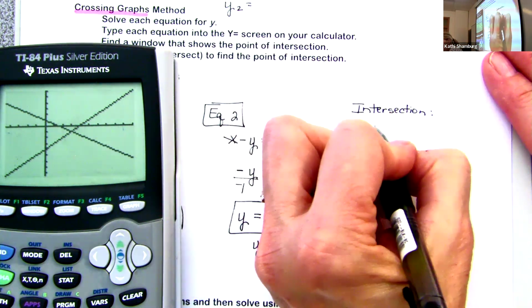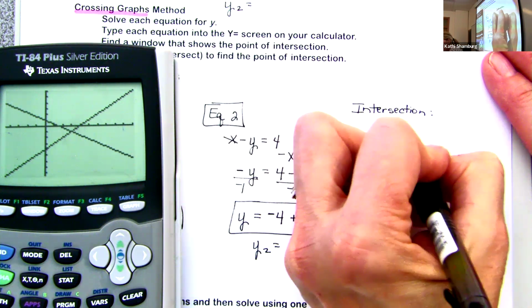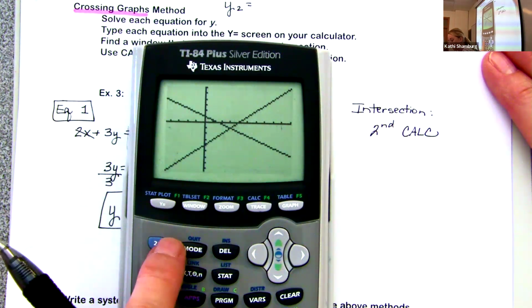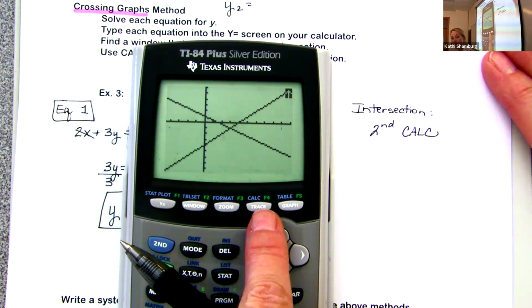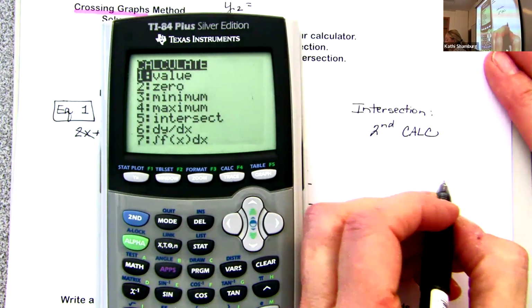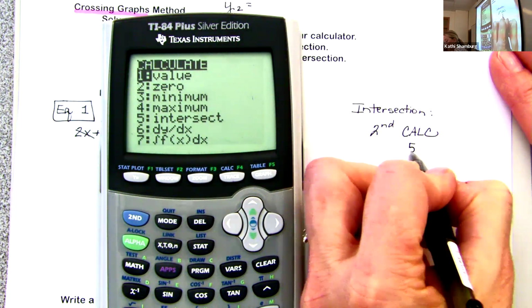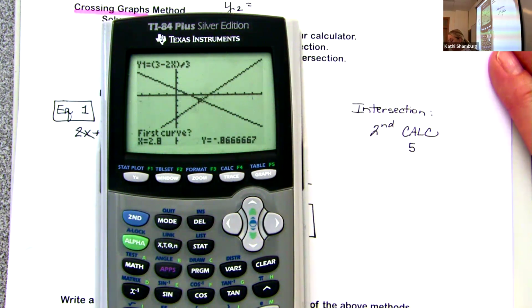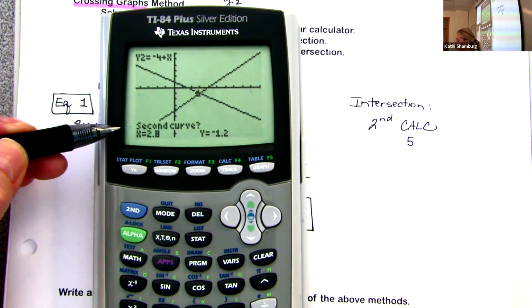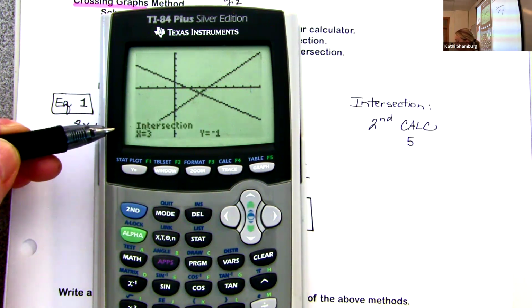All right, so go to second calc. So second, and it's up here above the word trace, calc. And what do we choose? 5. Now remember, it says first curve, hit enter. Second curve, hit enter. Third curve, hit enter.